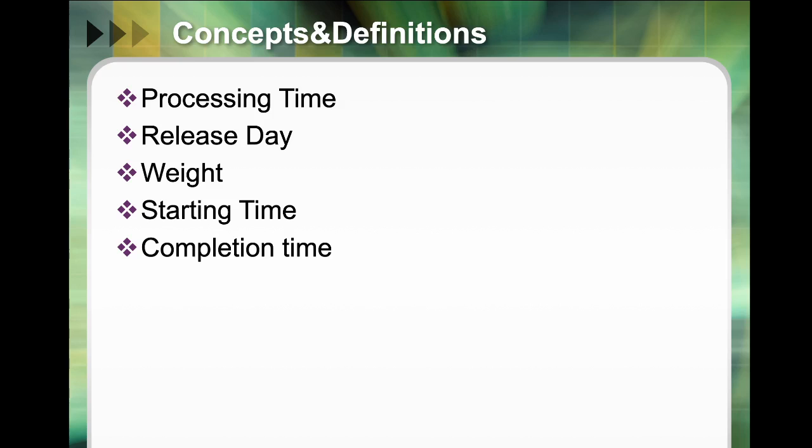When we assign jobs in some specific order, it must satisfy some constraints, and when we satisfy these constraints, it will improve the performance of the whole system. We can reduce the cost, reduce the number of workers, increase the throughput, and reduce the total completion time of the whole system.